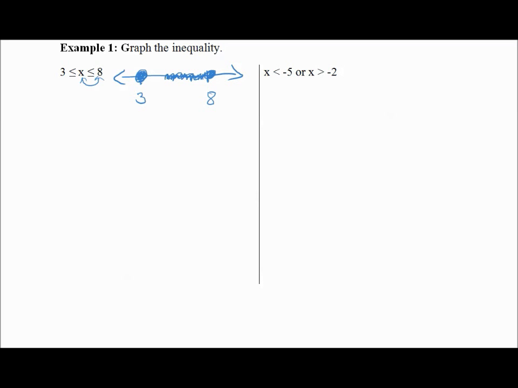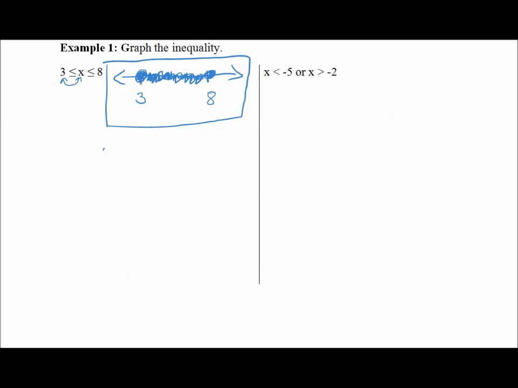And for the other side, I have x's that are greater than or equal to 3. On the number line, anything greater than 3 will be to the right of 3. So when I complete my graph, I have all real numbers between 3 and 8, including 3 and 8. So this is what my graph would look like.